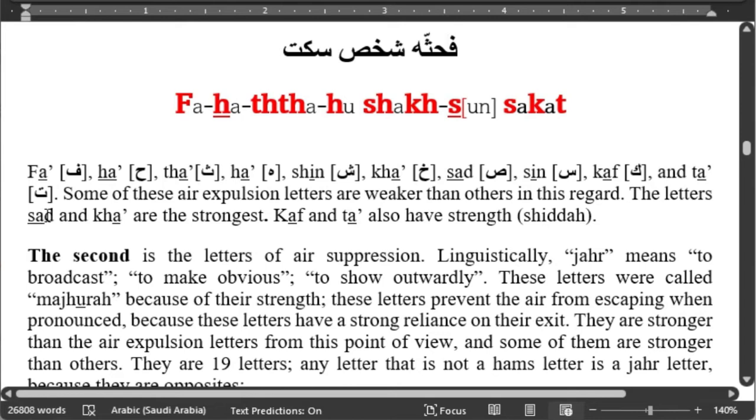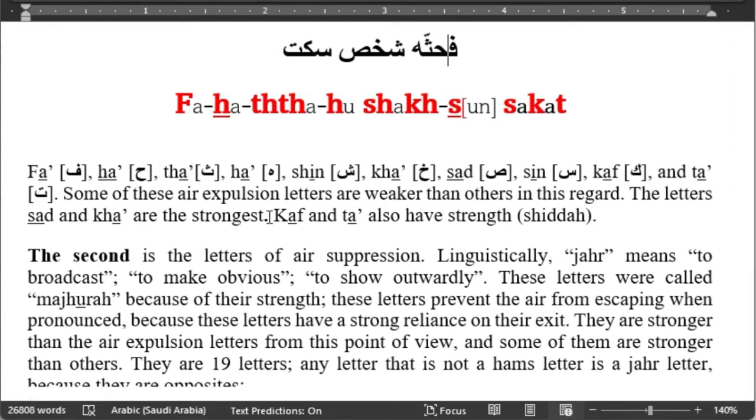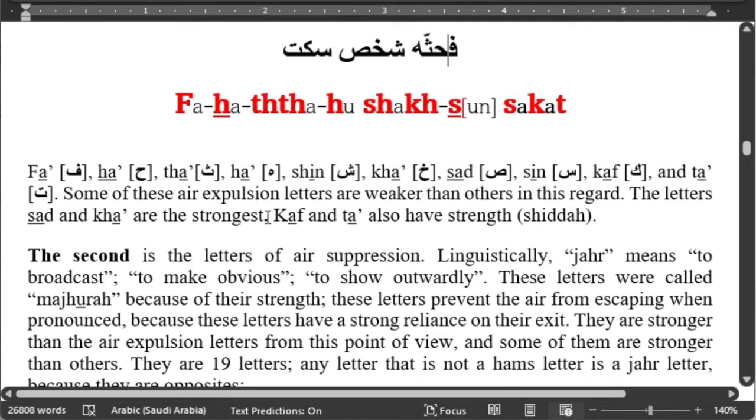So these letters Sad and Kha are strong because of how your tongue elevates. As we'll see as we go, the tongue elevation is an attribute of strength in letters. Kaf and Ta also have strength because they have the ability to stop the air.